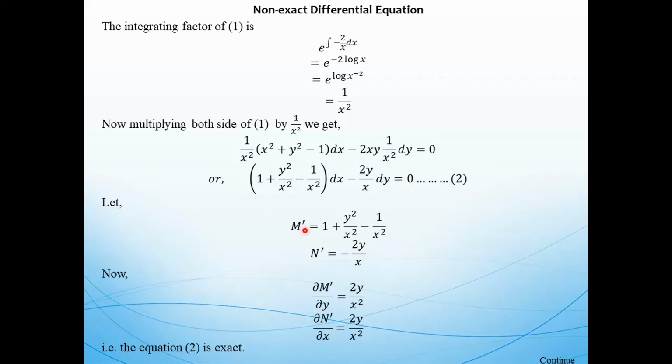Now consider M prime is equal to 1 plus y square by x square minus 1 by x square, and N prime is equal to minus 2y by x. Now differentiating M prime with respect to y and N prime with respect to x, M prime gives 2y by x square and N prime gives 2y by x square. That is, equation 2 is an exact equation.